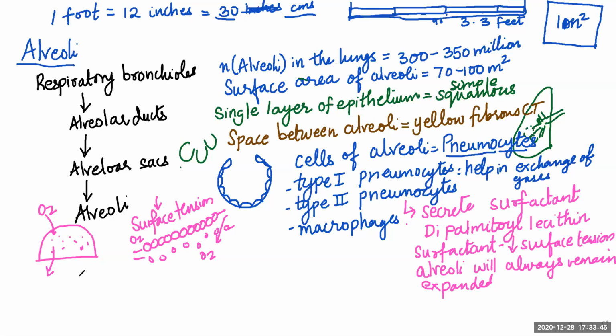If you look at any drop of water, because the surface molecules exert force on each other, a water body will always try to form a drop. But if I reduce the surface tension, it will stay in a constant expanded state. So surfactant actually helps in the expanded state.